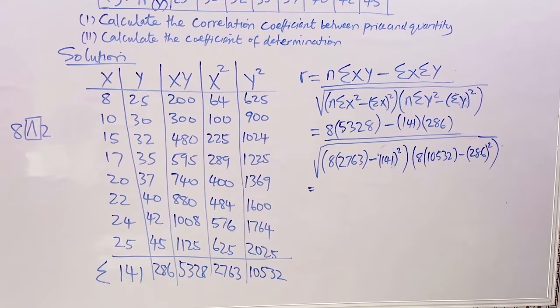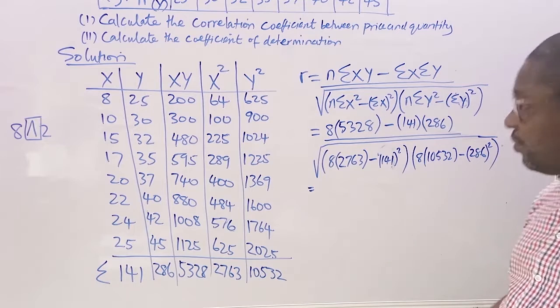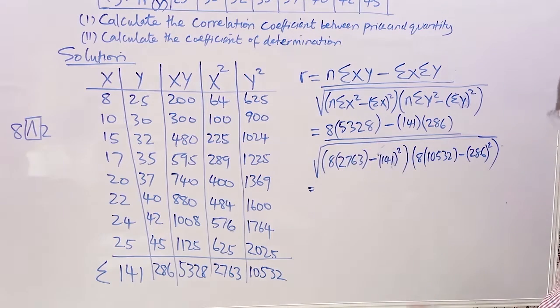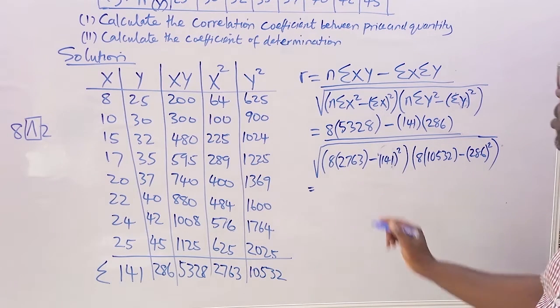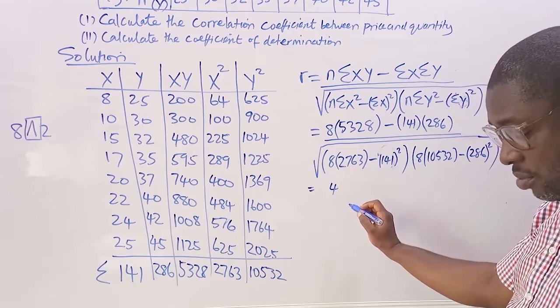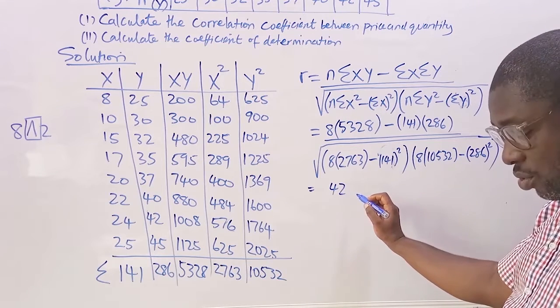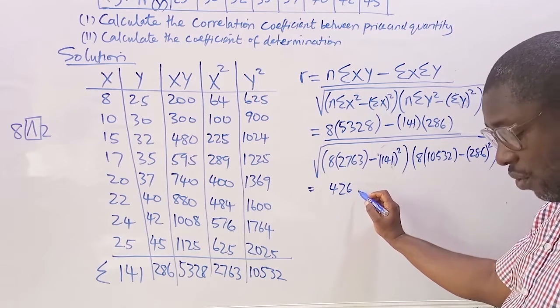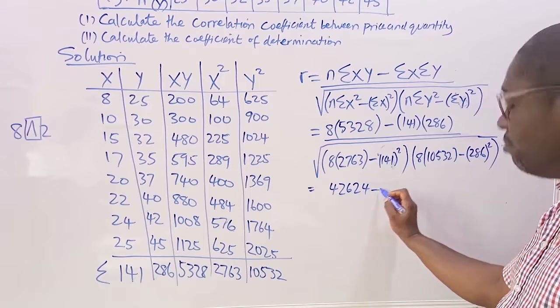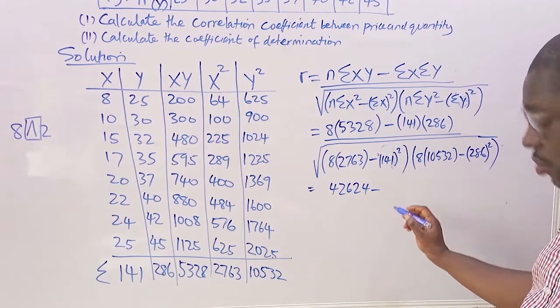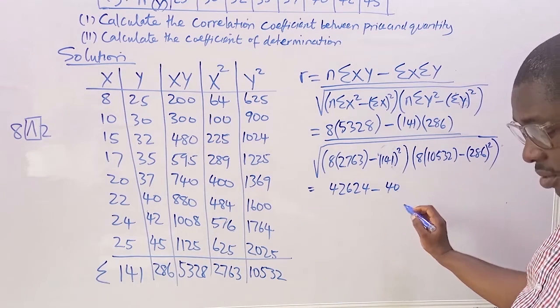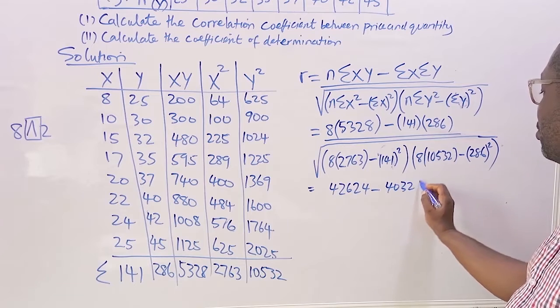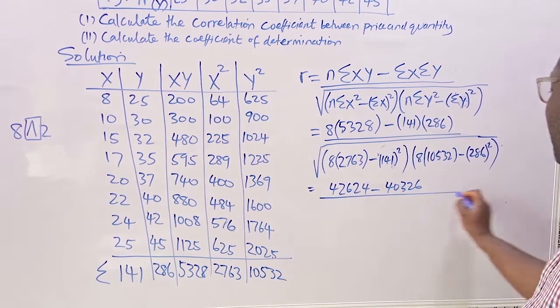So if we multiply this through, we are going to have 42,624 minus the product of these two will give us 40,326, divided by the square root.